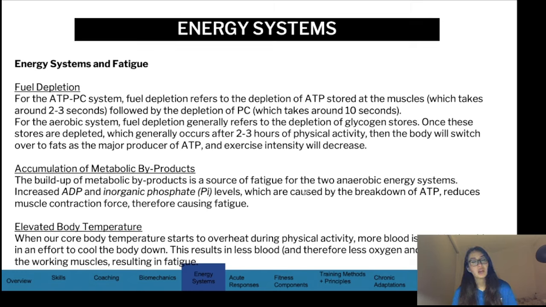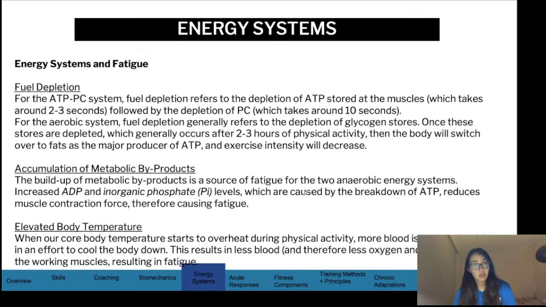And we know glycogen can be broken down without oxygen, so in an anaerobic environment, or with oxygen. Glycogen can give you about 2 to 3 hours worth of energy. So if you're running a marathon, your body's going to switch over from glycogen to fats eventually. But for the first part of the marathon, you're going to be using glycogen mostly. So the body will switch over to fats as the major producer of ATP, and the exercise intensity will decrease.